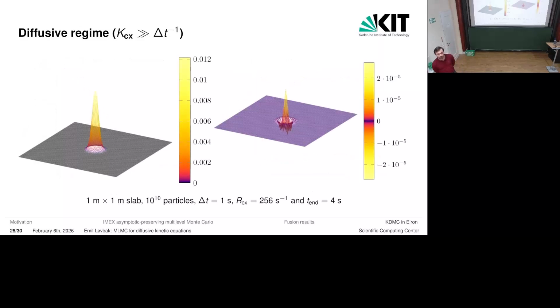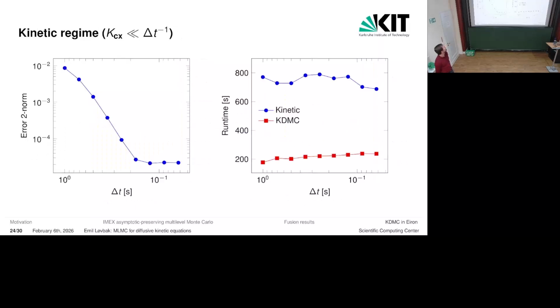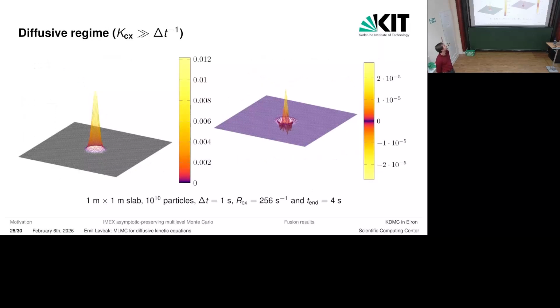And similarly, in the diffusive regime, we have a similar thing. Now it looks a bit more like a bell curve, which you would expect from diffusion, normal distributions, Brownian motion.